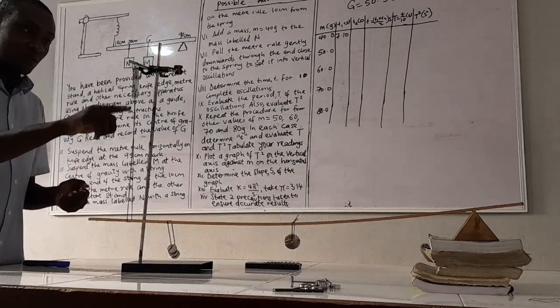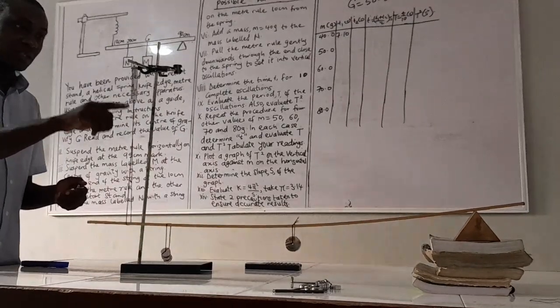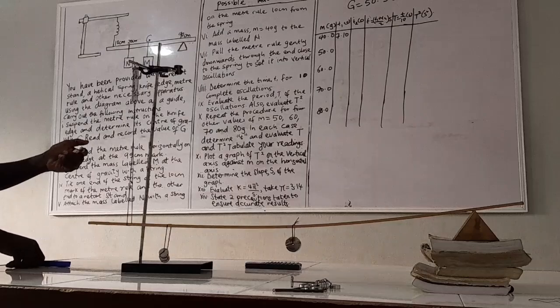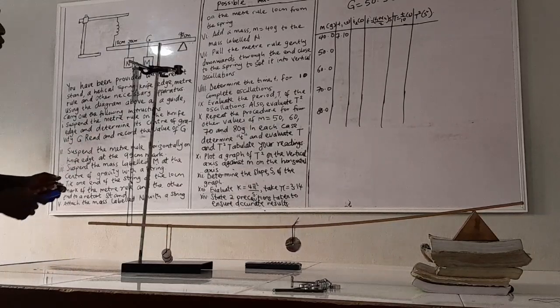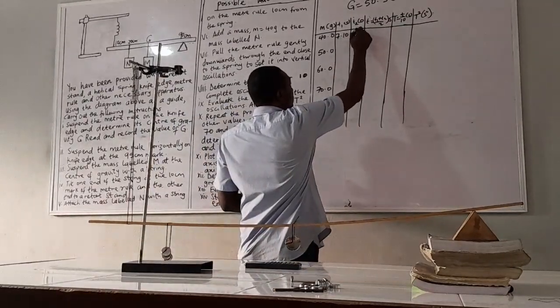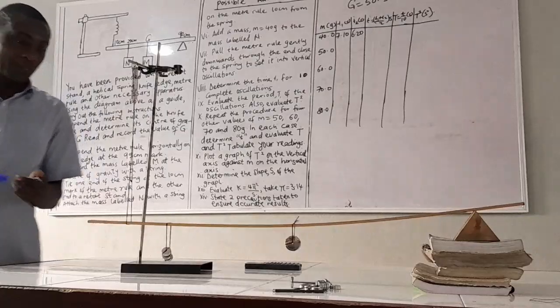So I have 1, 2, 3, 4, 5, 6, 7, 8, 9, 10. So this time around, I have 6.2, so it's 6.20. Let's just take it and we can evaluate later on.